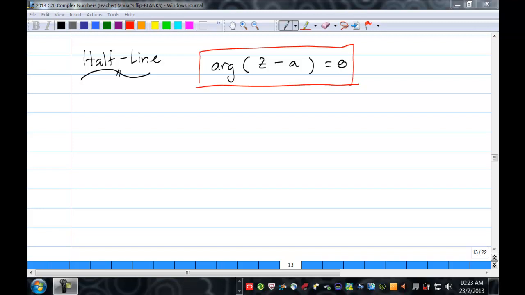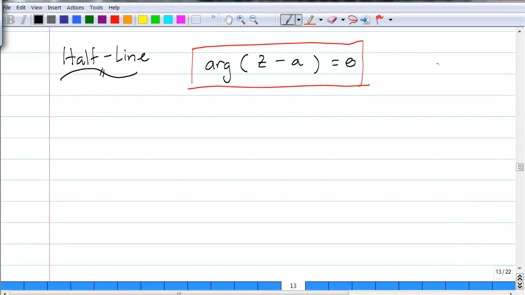And also when we talk about argument for complex numbers, we would like to present our answers for the argument in the standard form, where the argument lies in the principal range, which is between negative pi not included up to pi included.